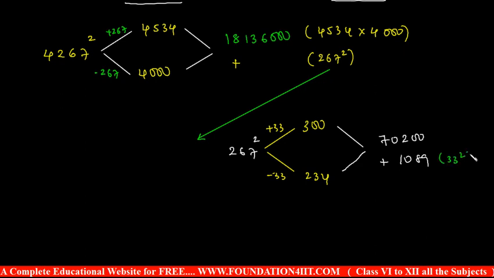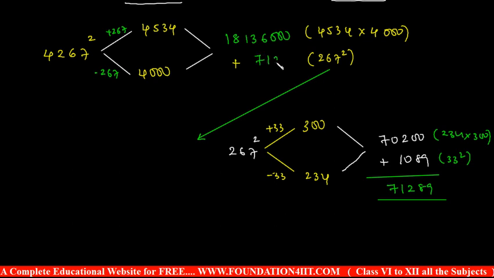This is the 33 square value, and this is the 234 into 300 value. By adding both, we get 71,289.